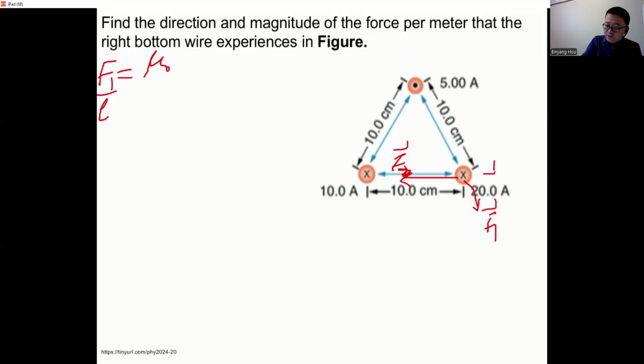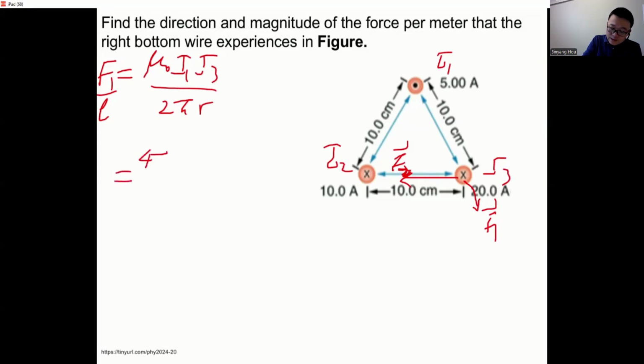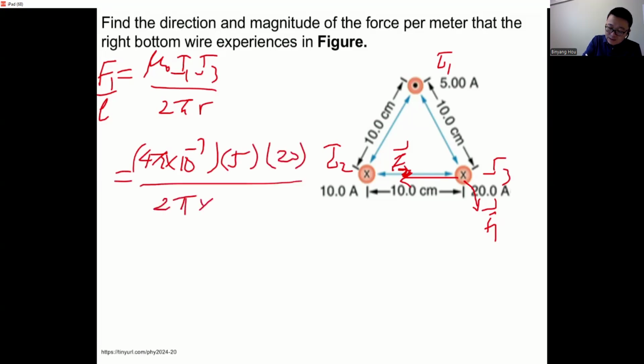Maybe I can call this I3, and this I1, this I2, and that's I3. In this case r would be 10 centimeters, they are both the same. So we do 4 pi times 10 to the -7, and then I1 is 5, I3 is 20, divided by 2 pi times 10 centimeters, which is 0.1 meters.